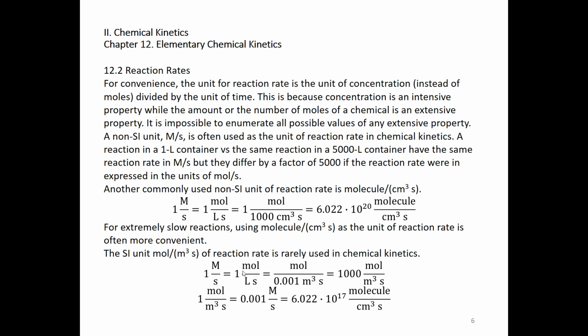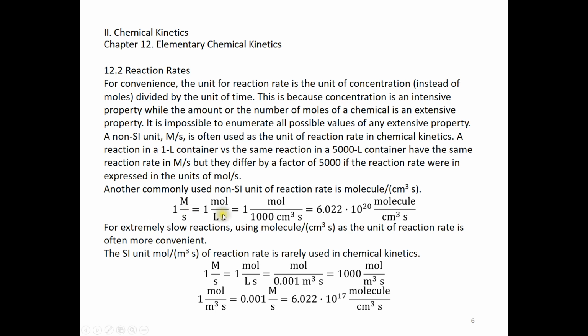It's an extensive property. It can hardly be tabulated with all possible values. That's why we often use the concentrations and their changes over time to describe the reaction rates.